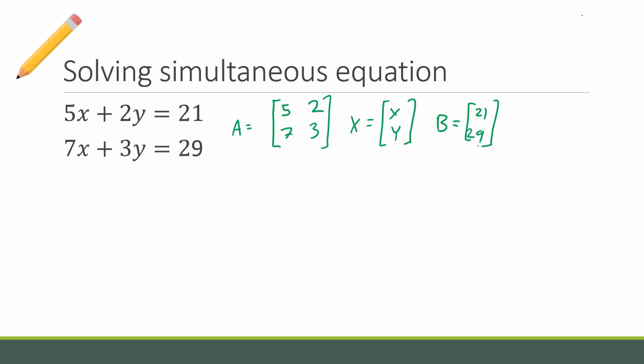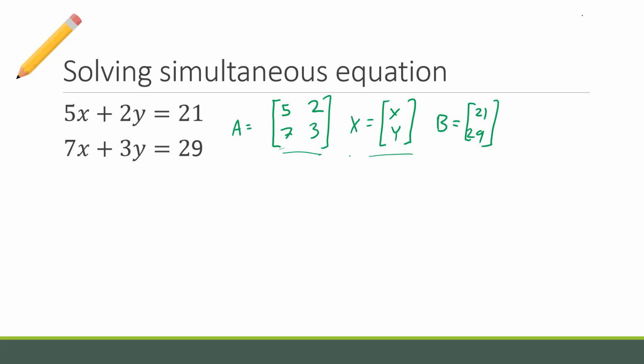Now, like before, we know that if we take this matrix here and multiply it by this matrix here, we're going to get 5x plus 2y, 7x plus 3y. 7 times x, 3 times y, 5 times x, 2 times y. And we also know that when you multiply those all, you get 21 and 29.